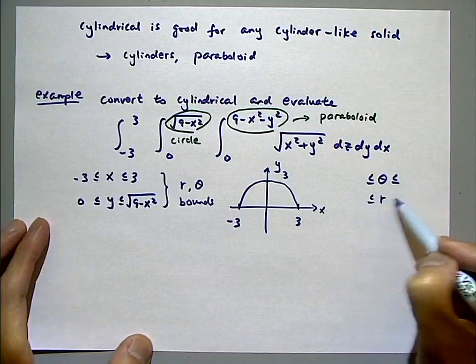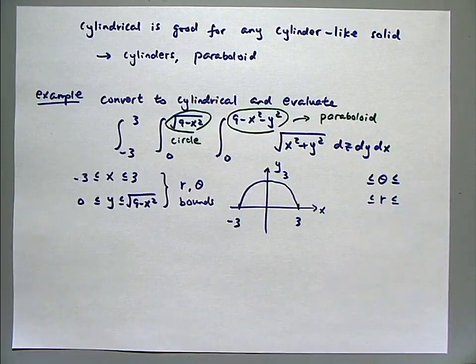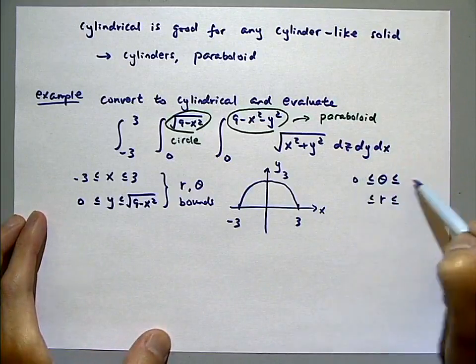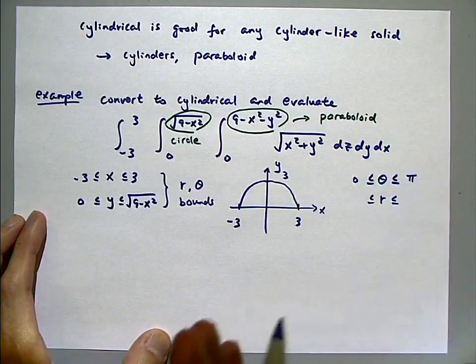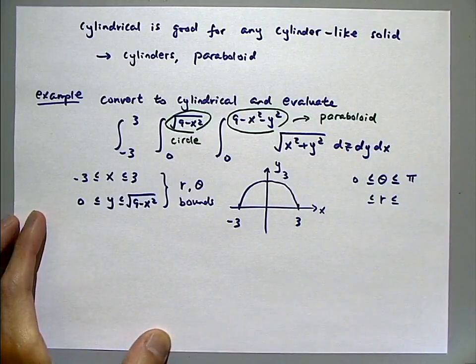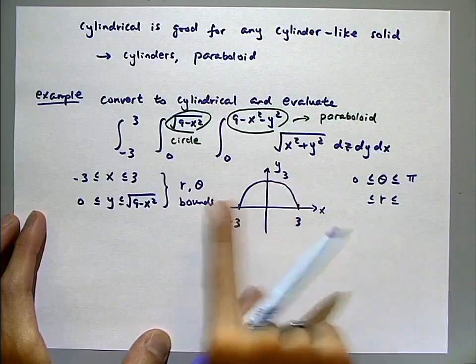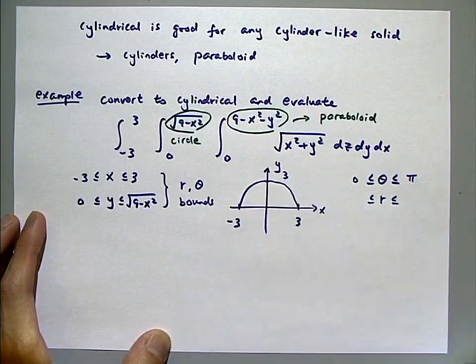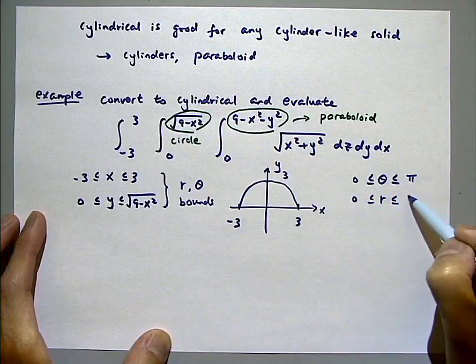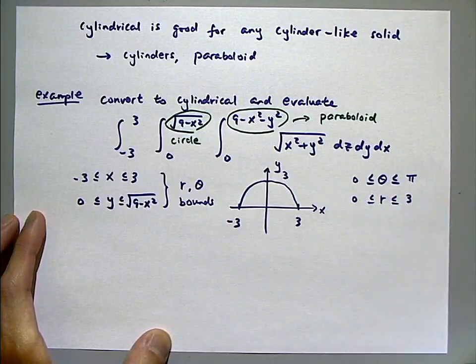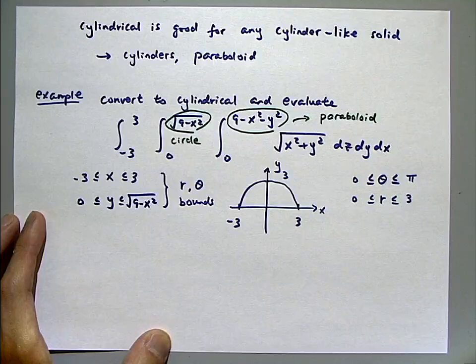How should we bound r? Zero to pi, good, and r 0 to 3. We want everything inside the half circle. 0 to pi, 0 to 3.